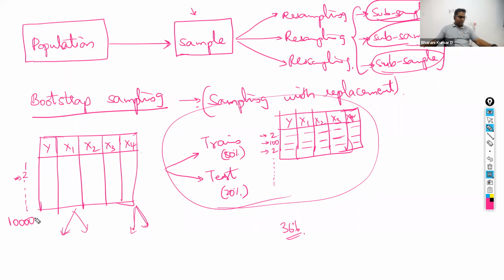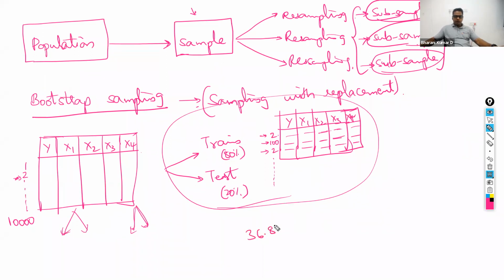Out of 10,000 observations, roughly 36% will never be selected. Okay, let me give you the exact number so that I don't end up giving you a wrong number here. Okay, 36.8 to be exact.